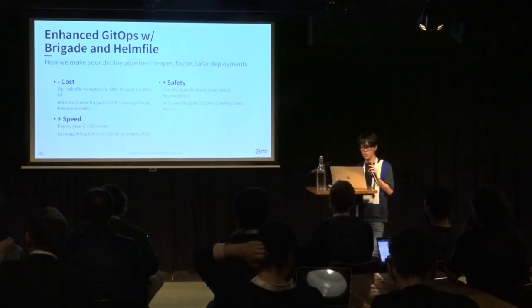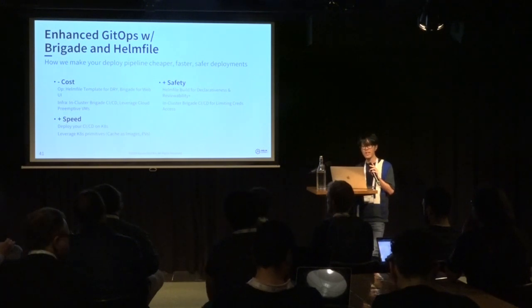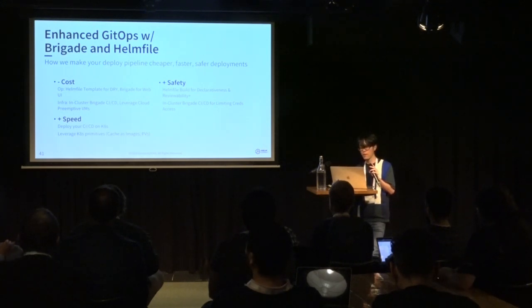Deploying your CI/CD on Kubernetes for leveraging Kubernetes primitives like cached Docker image and cached build assets in container volumes, you can have extra speed of your deployment pipeline.